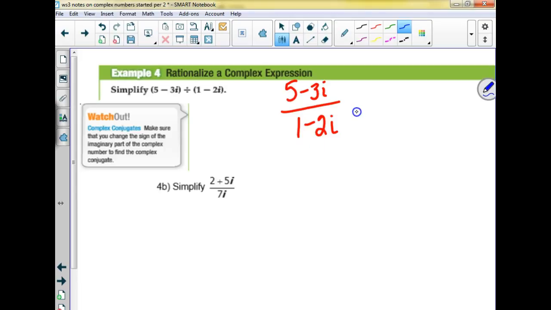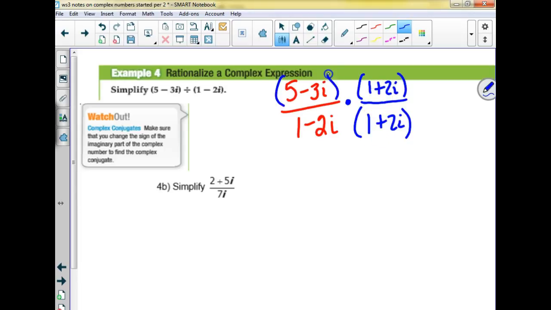Okay, so we have to get rid of it. The denominator's wrong. The numerator's not wrong. But in order to get rid of the denominator with an i, we have to use the conjugate. And whatever we do down here, we're going to multiply by 1 plus 2i. We have to multiply the top because we can't change the kind of number it is. It's multiplying by a form of 1, right?